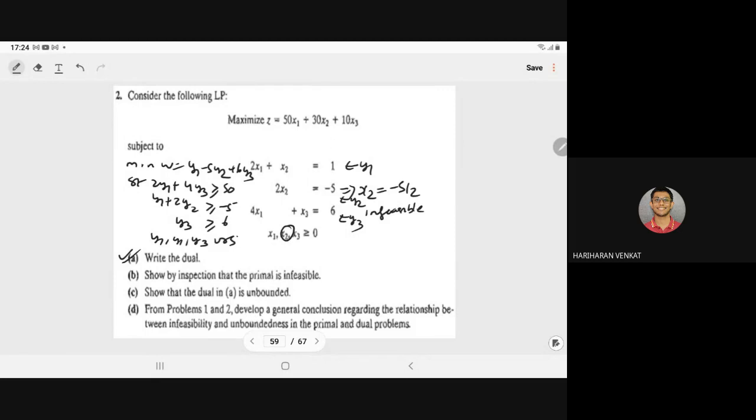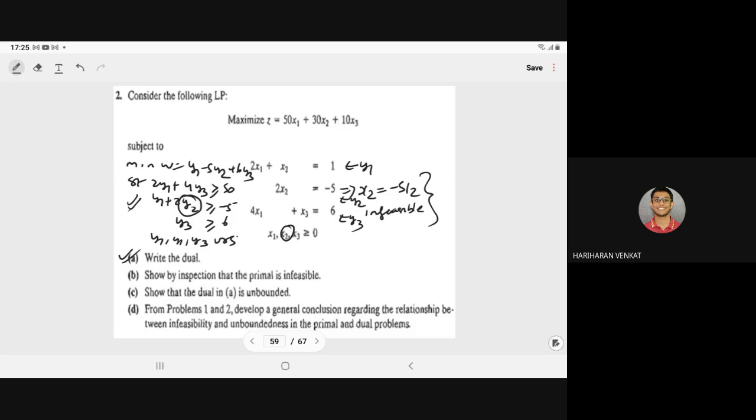By inspection, the primal is infeasible, as I have told you. Then the dual in problem A is unbounded. In this case you can see we can extend y2 up to any limit without disturbing the constraint, because we have y1 plus 2y2 greater than or equal to minus 5.